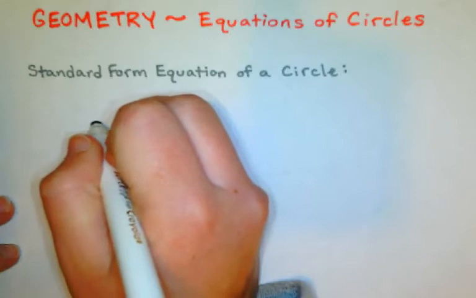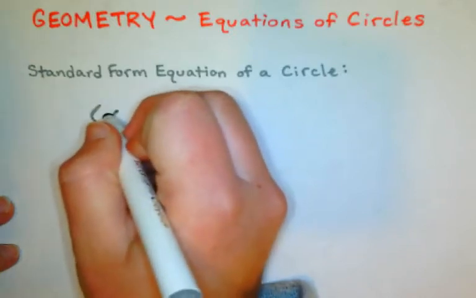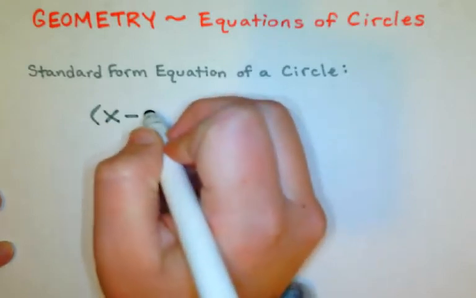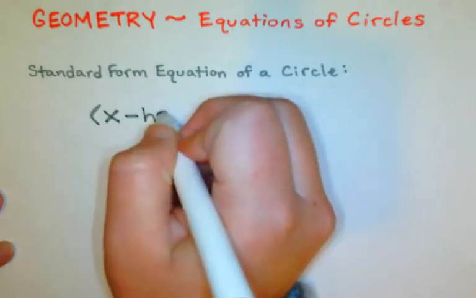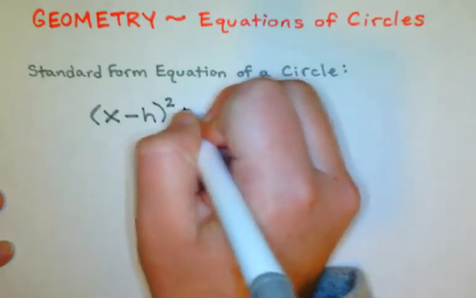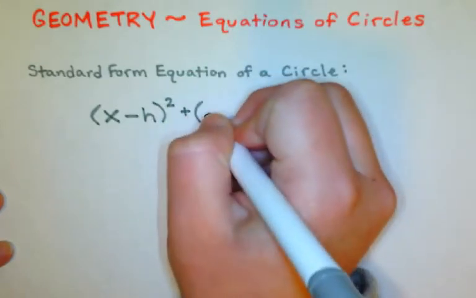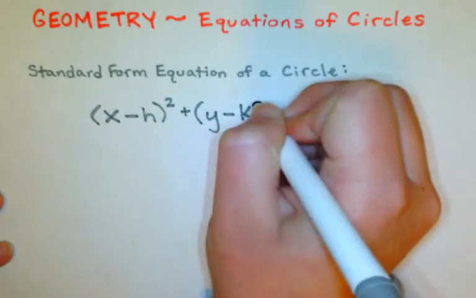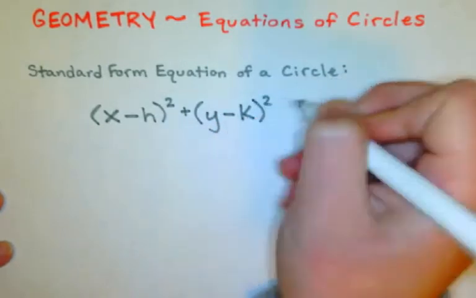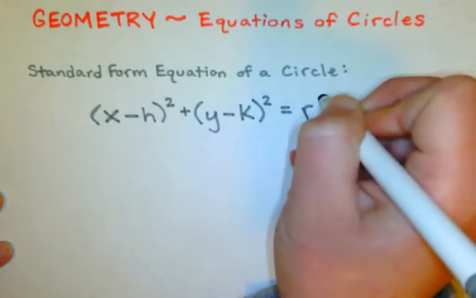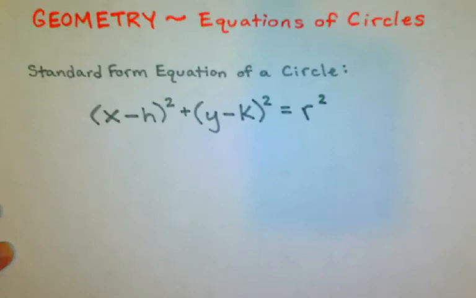We've got x minus h squared plus y minus k squared equals r squared. Alright, that is the standard form equation of a circle.